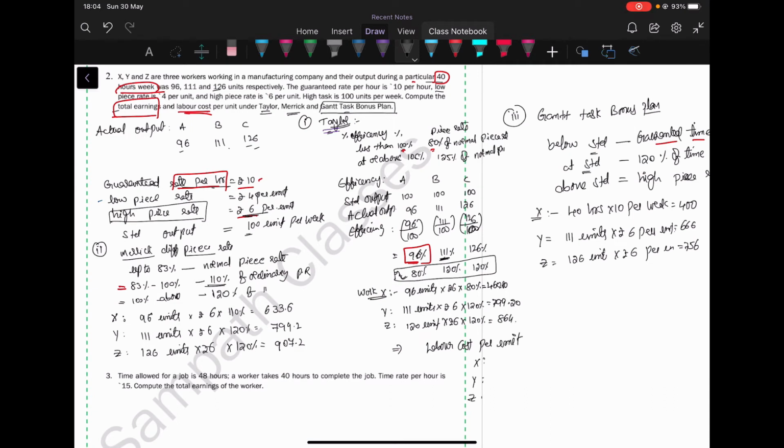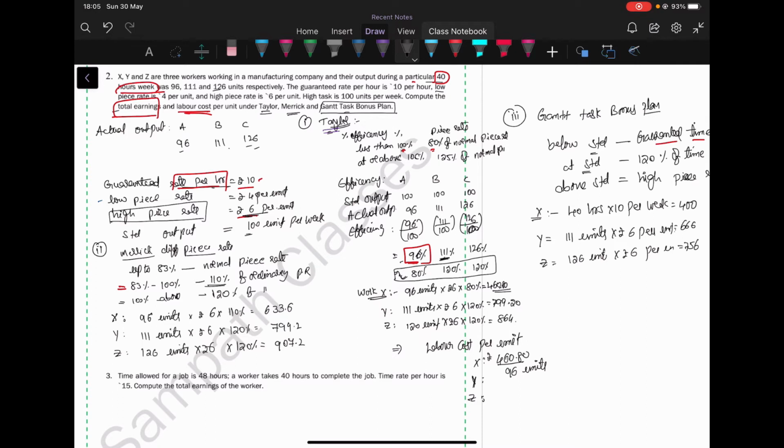What is the amount paid under Taylor's method? For X, 460.80 paid for manufacturing 96 units.